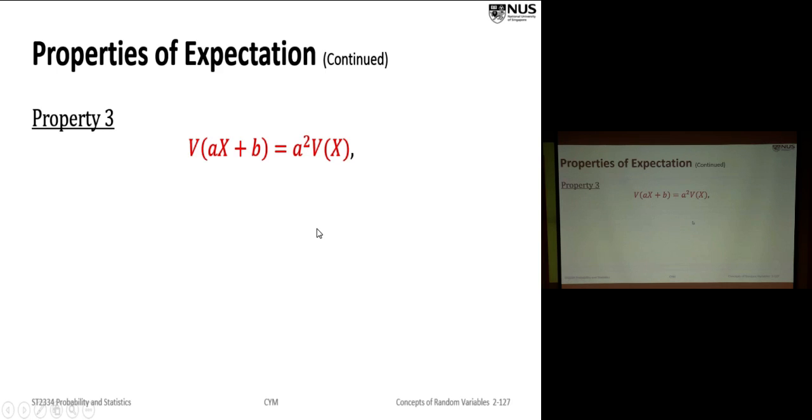Okay, so this is another useful formula. It looks strange. The variance of a new random variable ax plus b is equal to a squared times the variance of x. So this does not equal a times the variance of x plus b, because the variance of x is not the expectation of x. The variance is not the same as the expectation of x, so you cannot use it.